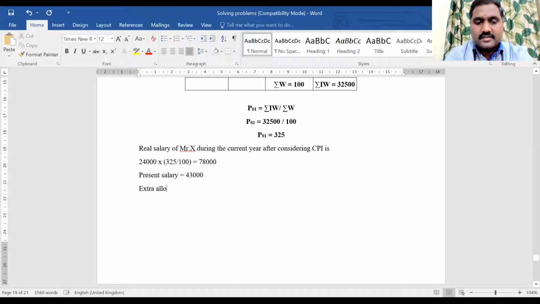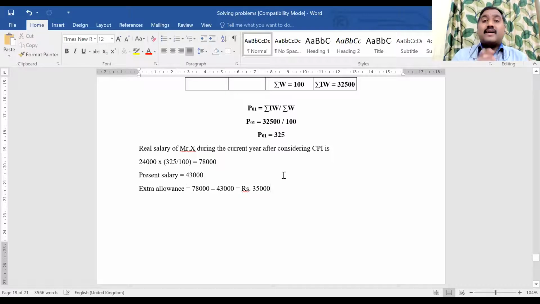Extra allowances equal to 78,000 minus the present salary, 43,000, which is equal to rupees 35,000. So 35,000 is the extra allowances we need to get along with the current salary of 43,000, so that he will get a total of 78,000. Okay, so this problem is over.